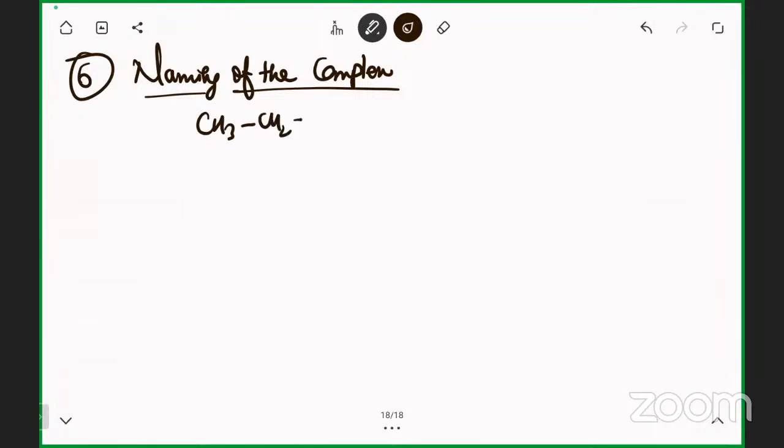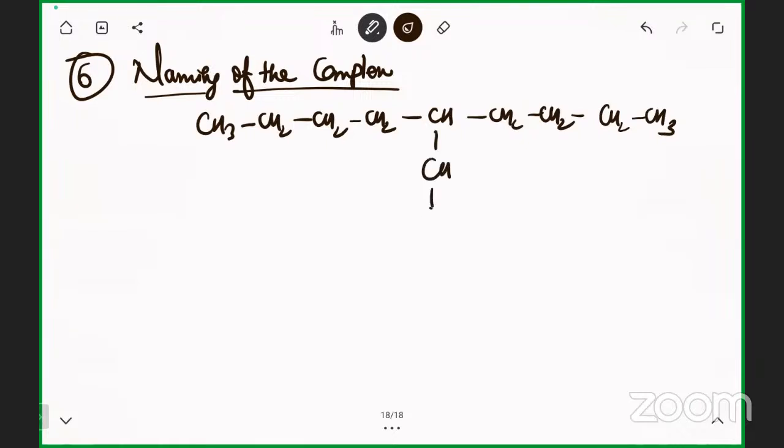CH3, CH2, CH2, CH2, CH, CH2, CH2, numbered 1, 2, 3, 4, 5, 6, 7, 8, 9. Here we have CH, CH, CH3, CH3, CH3. Now, how will you do the numbering and naming?